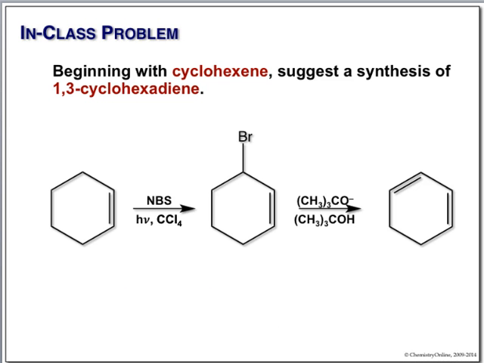Something simple like N-bromosuccinimide. Shine a light on it. Carbon tetrachloride is simply our solvent. So step one, we do an allylic bromination to get the bromide. Step two, we want to do an E2 elimination. So we use tert-butoxide. That's going to push it to E2, isn't it? And presto, we have our product.